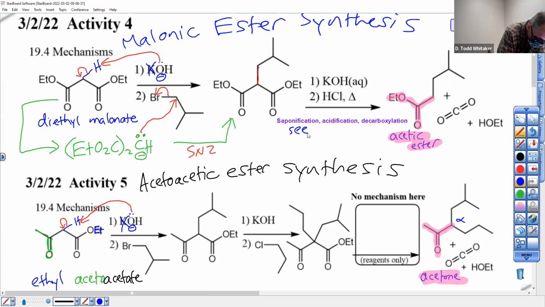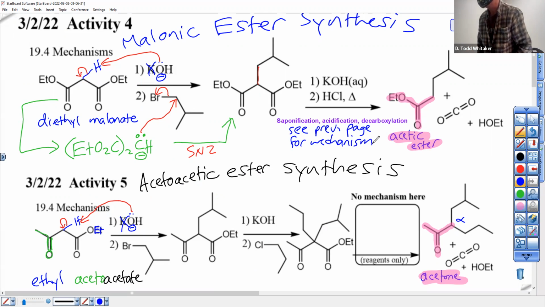See prev page for mechanism. Please do the mechanism on the test, even if it shows up twice. It might. You'll look at some old tests and it does show up twice. Okay? And that's just to save us some time.